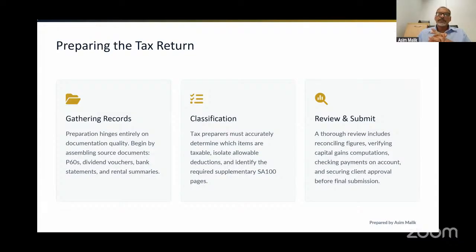So certain types of information have to be submitted through commercially available software. And if the person is not subject to that, then you need to make sure that the information is compiled and submitted to the taxman.